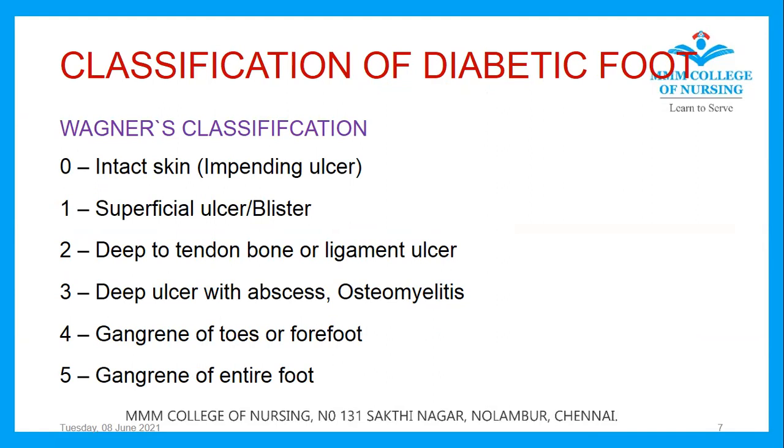Grade 3 is deep ulcer with abscess or signs of osteomyelitis. Grade 4 is gangrene of toes or forefoot. Grade 5 is gangrene of the entire foot. So this is Wagner's classification of diabetic foot. Based on this classification, the care also varies.